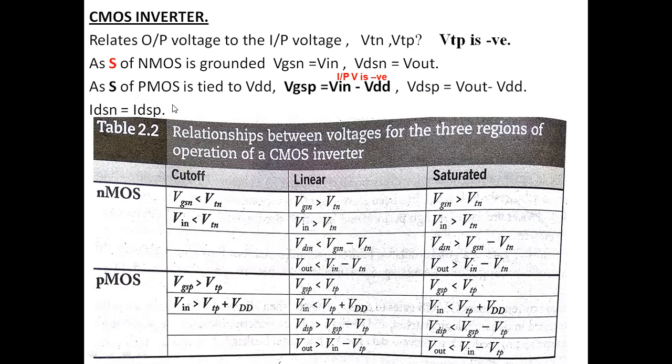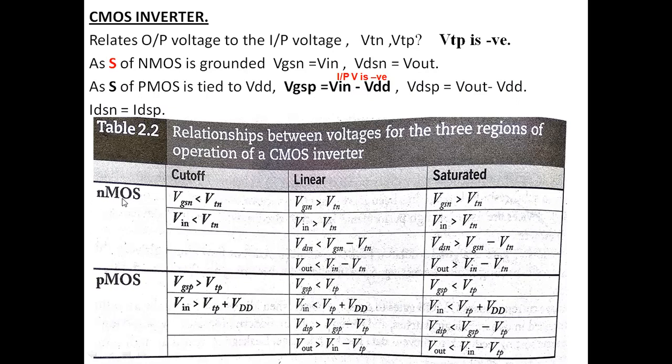Here we consider that IDSN is equal to IDSP, where IDSN is the drain current of the NMOS device and IDSP is the drain current in the PMOS device.